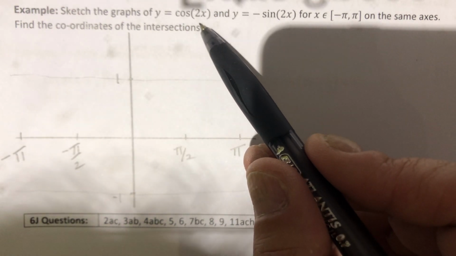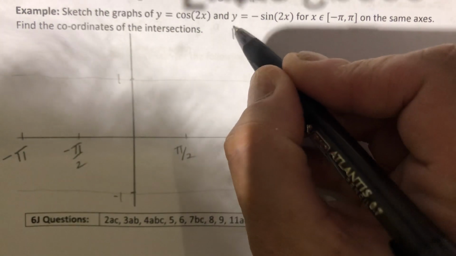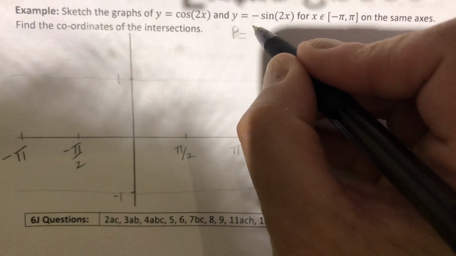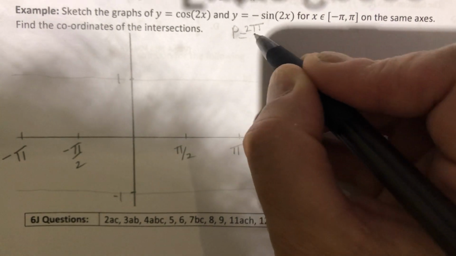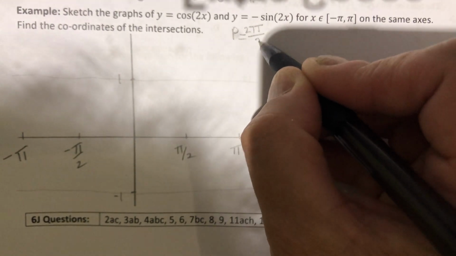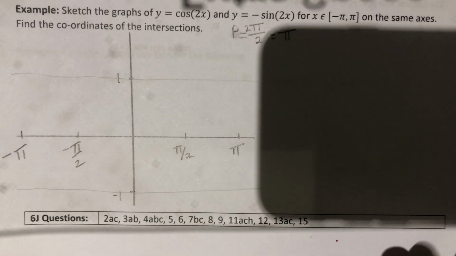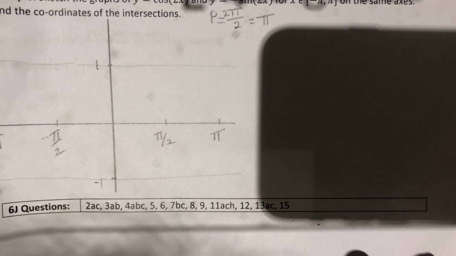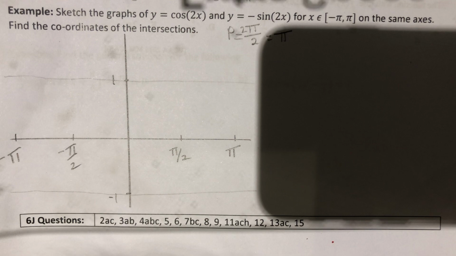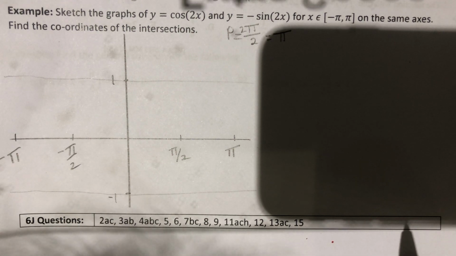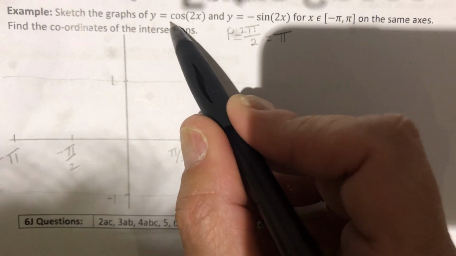And we need to have a look at what the period is. So we're going to have period, remembering that our period for sine and cos is 2 pi on n. So it's 2 pi on 2. So our period, even though we have been doing tan, is back to a period of pi for sine and cos. Okay, so let's put these in. If we have a look at our first one, so we're going to have a look at cos of 2x.